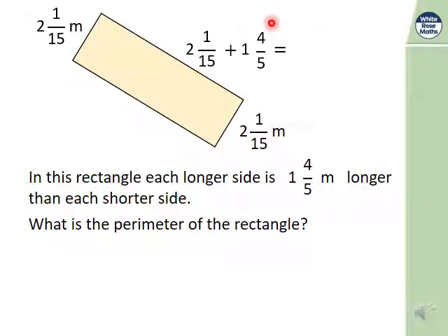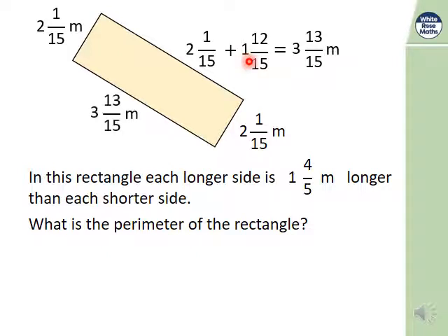And we would have had to change our numbers around to 1 whole and 12/15, so we could add it. So that means that the longer side is 3 and 13/15 of a meter. And if that side is, then that side will be too. So now we've found the length of all 4 sides.